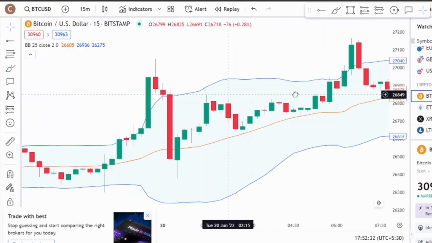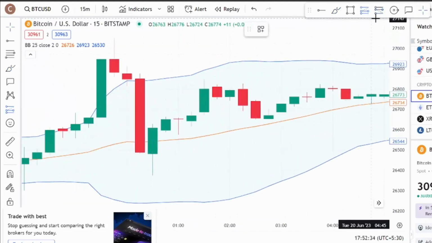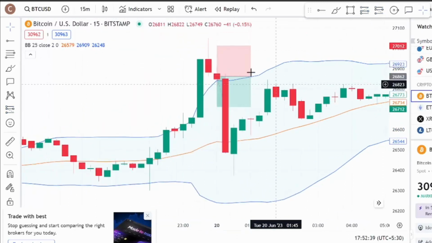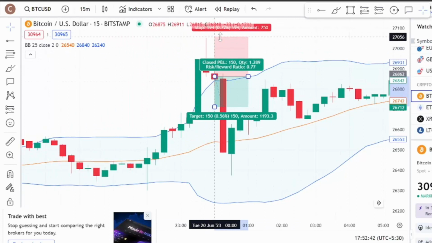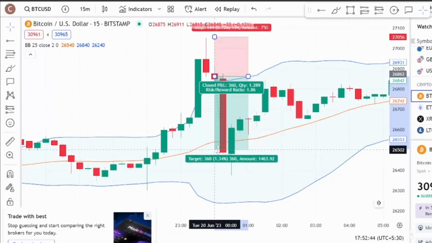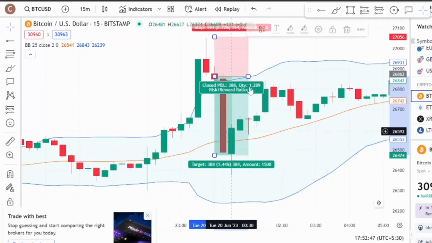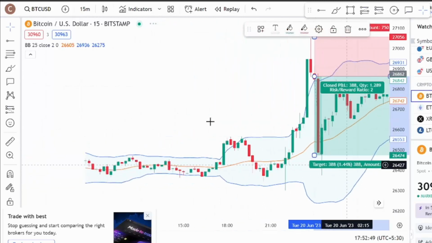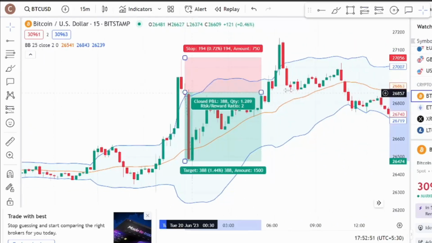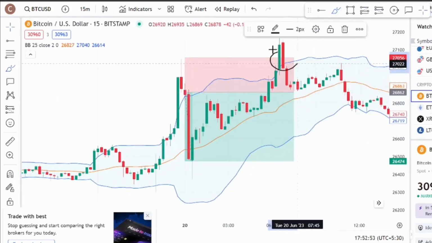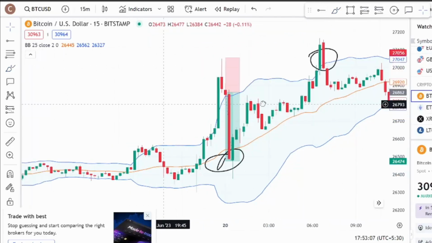So its low will be our entry point. Here is our entry point. Its high will be our stop loss, and we have to go for a 1:2 target. And here we achieve our target, right? So now we have 4 win trades and 1 lose trade.